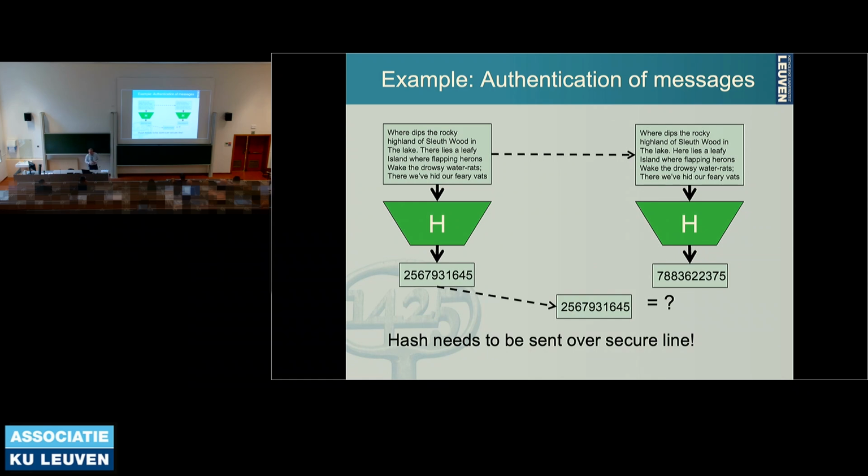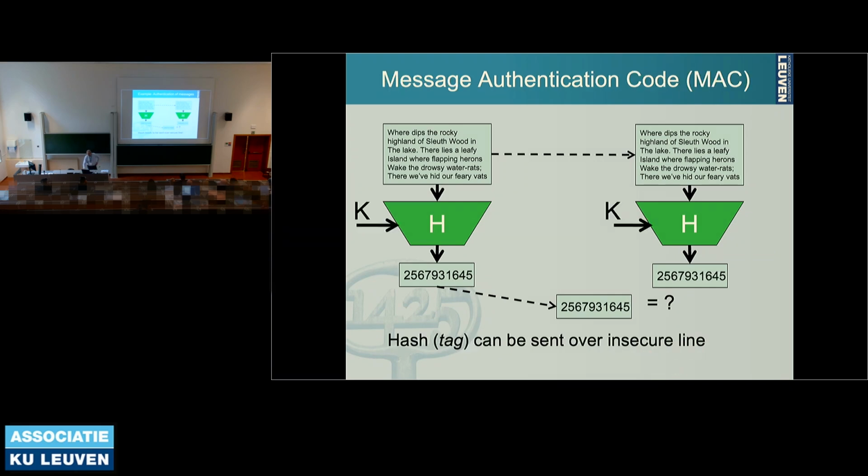So we have to secure this output. People sometimes said, well, encrypt this output and send it over encrypted. But if you do that, it's better to actually include the key already in the computation of the hash. And then an attacker who modifies the input, and doesn't have the key, cannot produce the right output. So then, what can an attacker do?